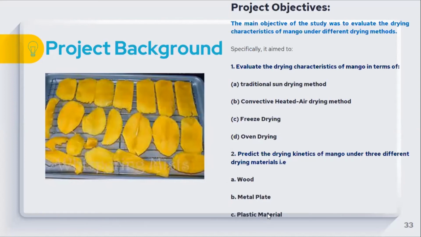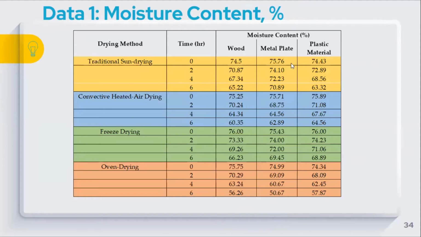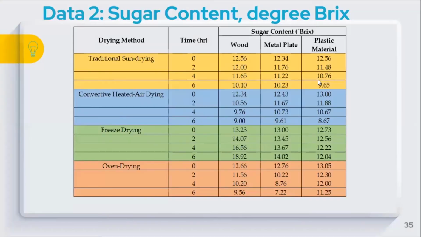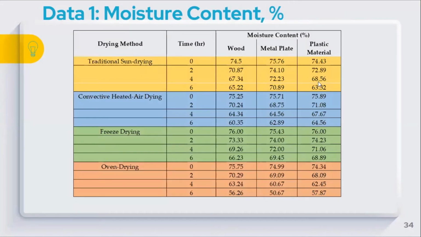Nagamit siya tulo ka plate or materials upon drying: wood, metal, and plastic material. Okay? So, i-screenshot ni sa kanang mga grupo kay para na mo'y basis. And then, ang inyong buhaton is i-evaluate ninyo siya according to this tabulated data. So, duha lang ka variables ang akong gigamit diri, moisture content and then sugar content. The main goal is to present the analysis and your interpretation, no?